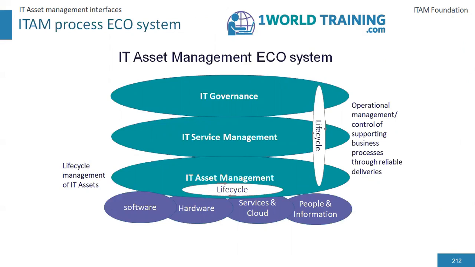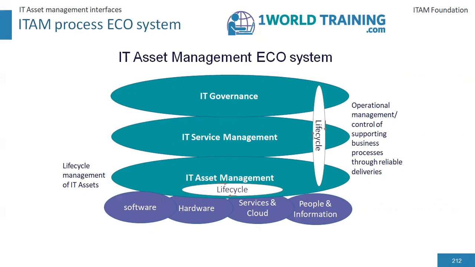Ecosystem, we have discussed this, right? So for IT asset management, firstly, we need to have IT governance, right? And then, based on the governance controls, or the governance directions, IT service management works. And service management, as we discussed before, is about managing the IT services. Okay, and it is to ensure that we are delivering the services as per the customer requirements.